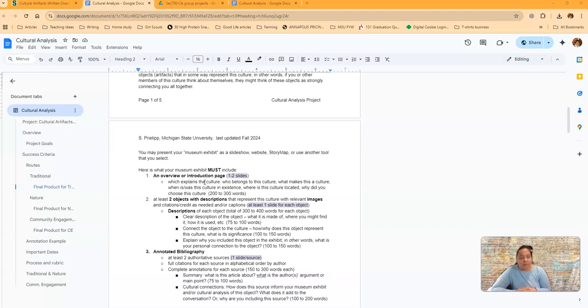So it has to be someone or a group that is qualified to be talking about this particular topic or this particular culture in some way. As I explained in my example in class, I would probably go to the American Diabetic Association if I were talking about people with type 1 diabetes. And while that is not an academic source, that's going to give me a really good overview of what it might be to live with that particular disease.